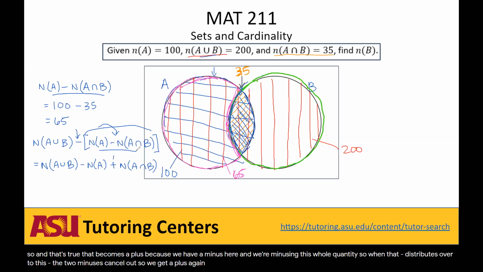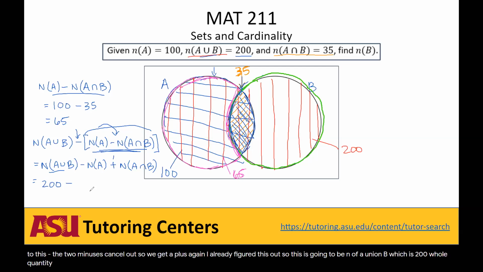But we already figured this out. So this is going to be n of A union B, which is 200, minus this whole quantity here, which is, oh no, it's 65. There we go.